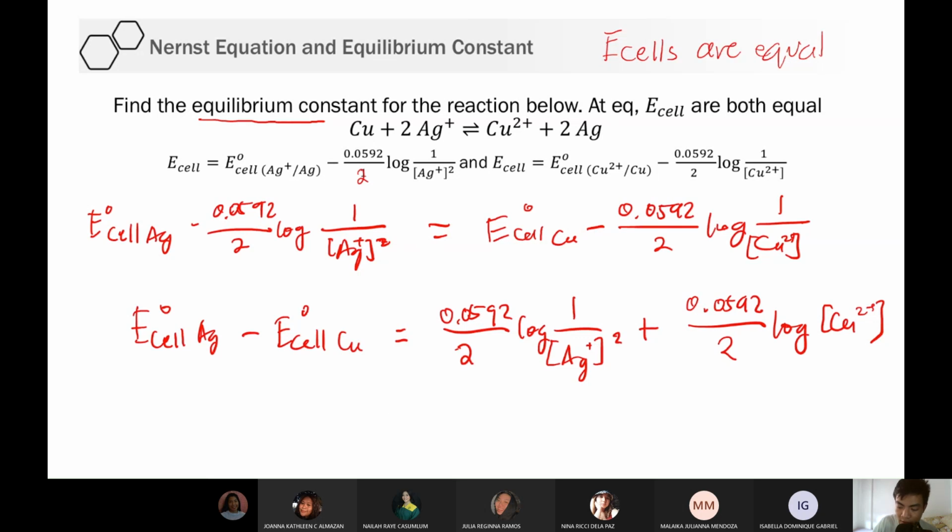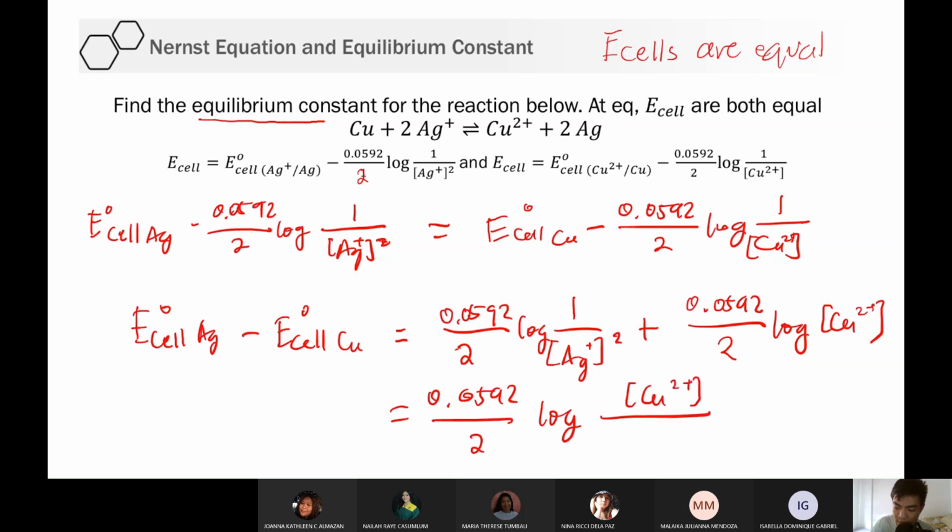So I will factor out 0.0592 over 2. Okay. Then combine mo yung log. Nasa numerator yung copper 2 plus. Nasa baba yung Ag plus squared. Okay.